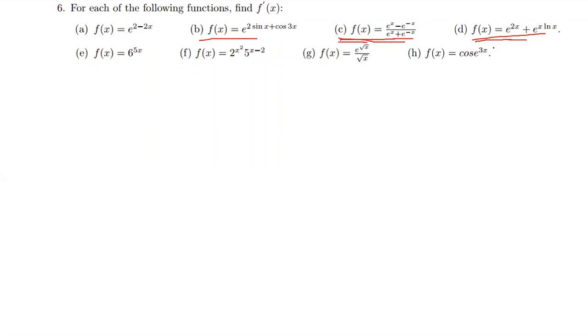Okay, so we proceed to this question. So f of x is equal to that, meaning finding f prime of x is going to be equal to e to the power 2x. You differentiate this, so meaning you're going to differentiate the power there.